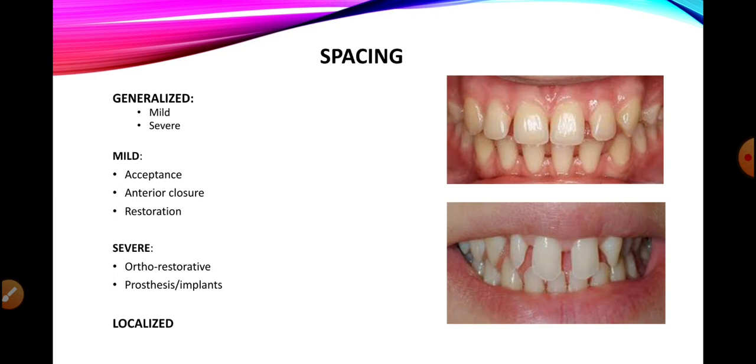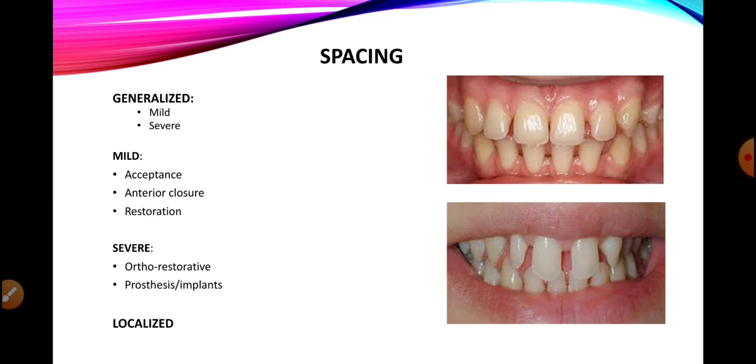We can see the tongue from between the teeth. This way we can basically classify spacing as generalized and localized. For example, spacing can be present throughout the arch, anteroposteriorly, as can be seen in both of these pictures, or it can be localized to just one or two teeth. So spacing can be generalized or localized.